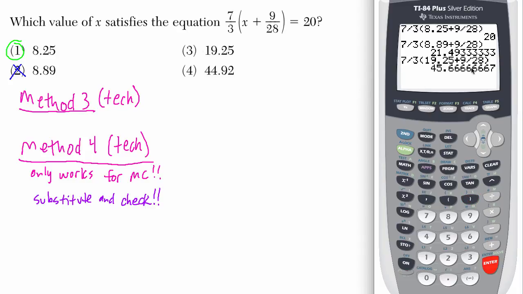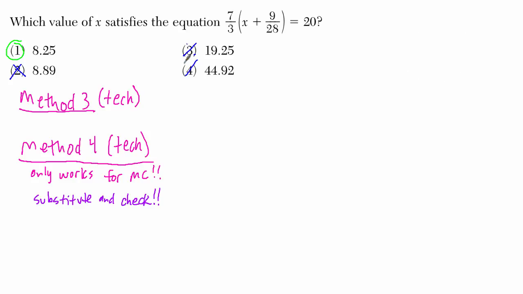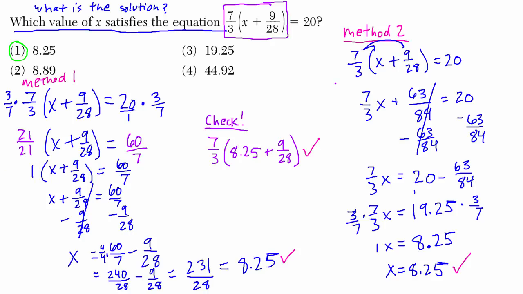And 44.92 would, again, produce something that's not 20. And so by using method 4, which is the cheat method, that's why I saved it for last, because the other ones were so much better. But it gets you the answer. And again, it only works for multiple choice. If this were not a multiple choice and this were a short answer question, you would have to go through and choose one of these other methods here.